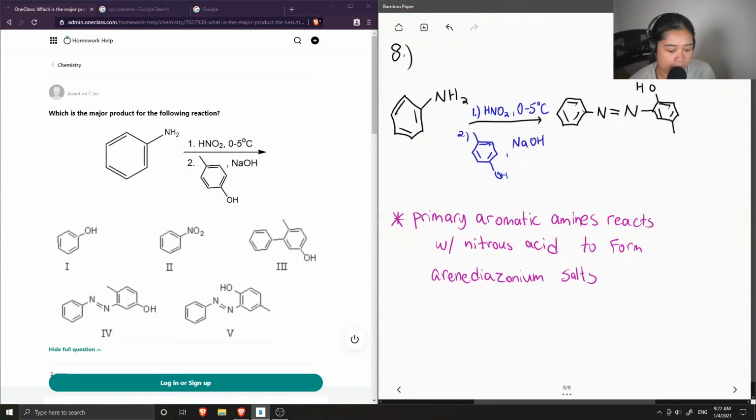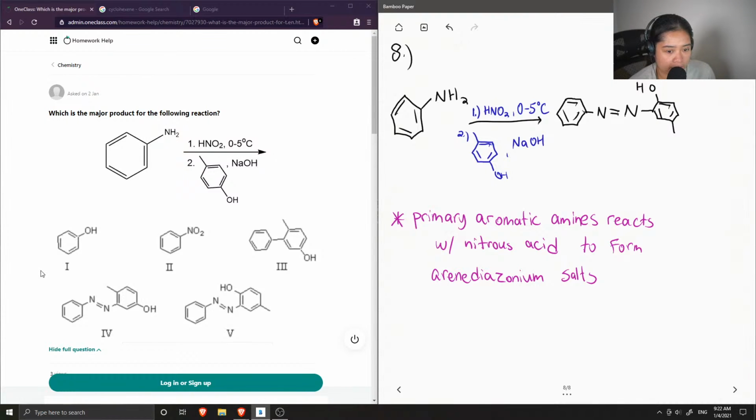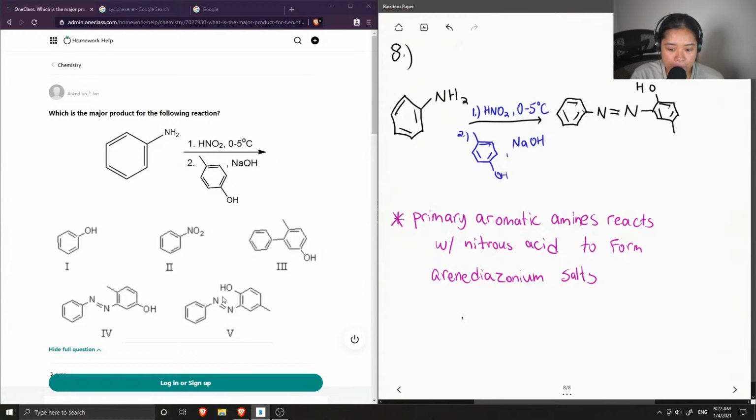So now let's see all the different options that they give us. So the following product would then be compound number 5. I should also write it in Roman numerals, compound V.